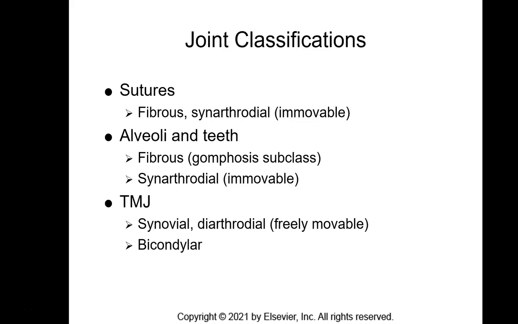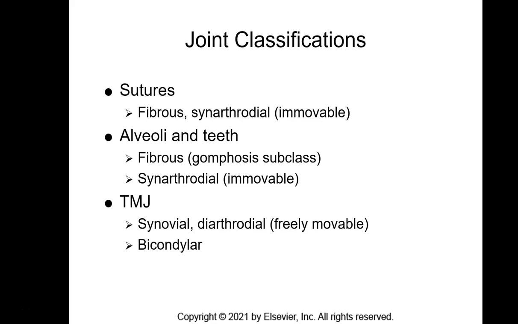Okay, before we conclude, let's talk about joint classifications. So there are two types of fibrous joints involving the skull, both of which are synarthrodial or immovable. The first are the sutures between the cranial bones, and we discussed that in a separate lecture. The second, however, are the joints involving the teeth with the mandible and the maxilla.